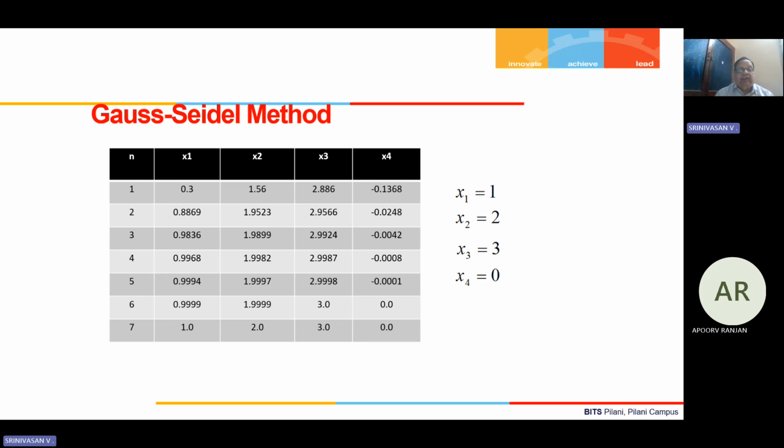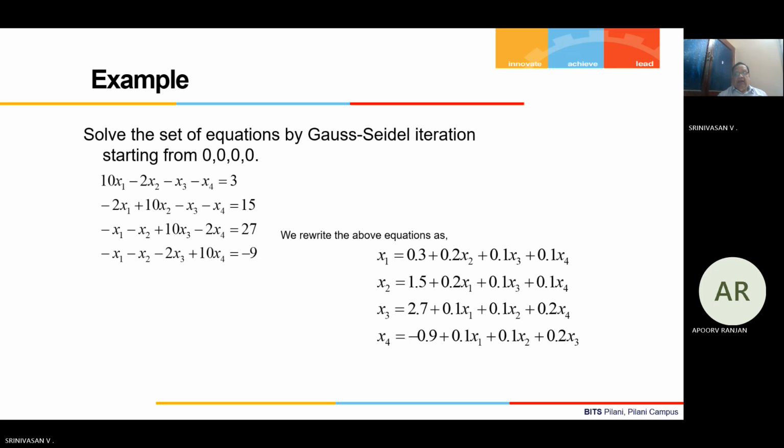First iteration, where n stands for the number of iterations: x1 equal to 0.3, x2 equal to 1.56, x3 equal to 2.886, and x4 equal to minus 0.1368. Just to have a glimpse of what is done: during the first approximation, x2 is 0, x3 is 0, x4 is 0, so x1 is just 0.3.